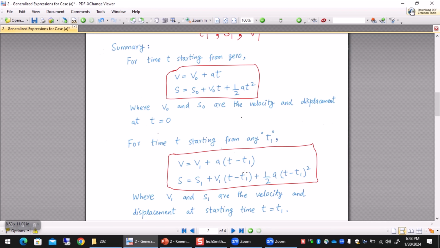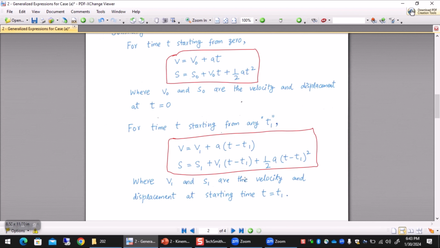So if someone is really interested in directly applying the expression for the constant acceleration case, you will have two sets of equations. One will govern the motion from 0 to a time t, and the second set will govern the motion from some time t1 to any time t, right?